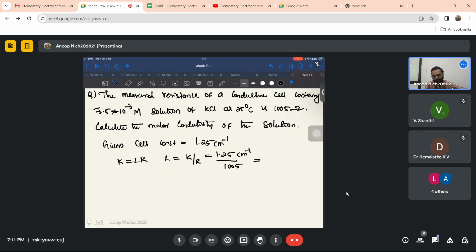It will be 1.24 into 10 raised to minus 3 ohm raised to minus 1 centimeter raised to minus 1.